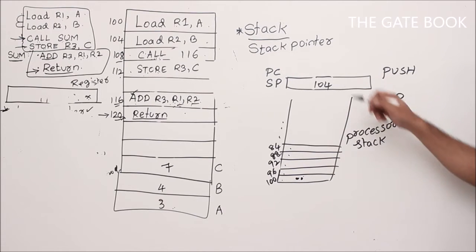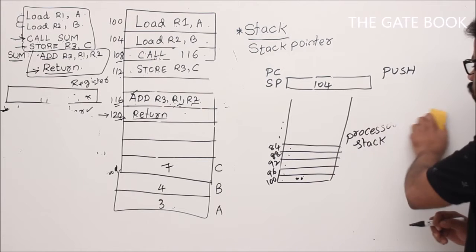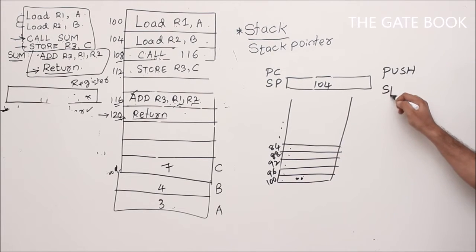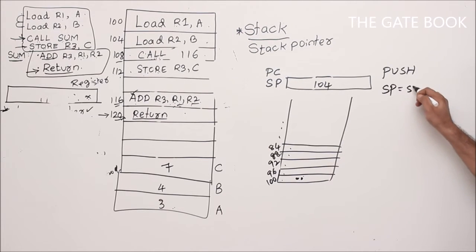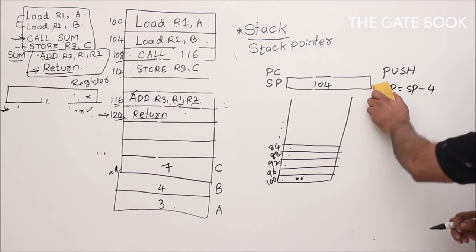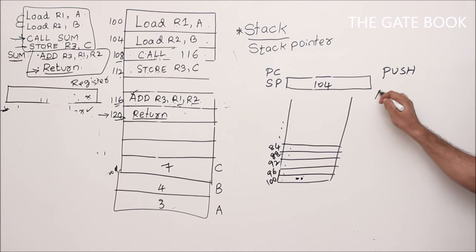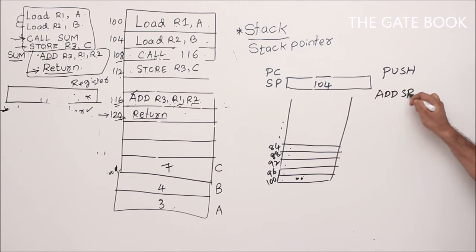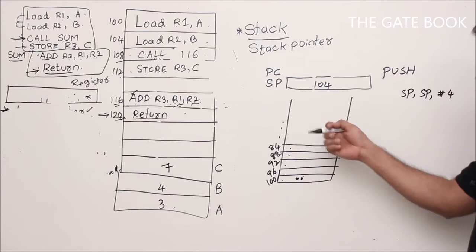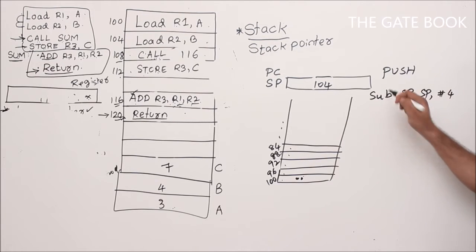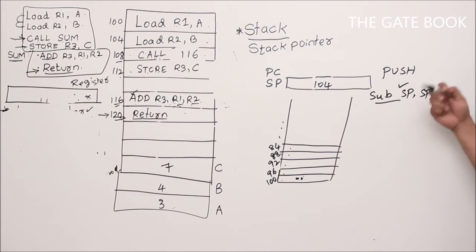The stack pointer should be decremented, correct? The code for push is stack pointer equal to stack pointer minus 4. So in assembly level, what is that instruction? Directly subtract stack pointer and hash 4, correct? It's not addition because we have to decrement the value. So this is the code we can use for pushing.